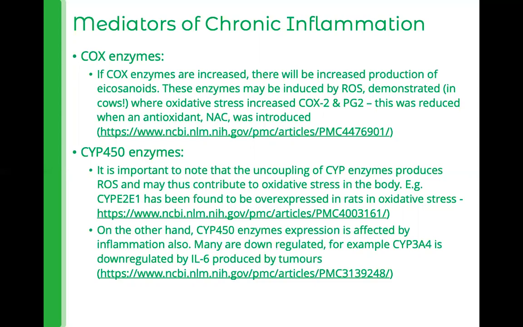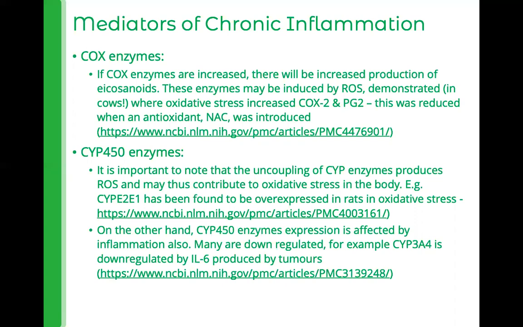I've given you the paper, with one particular enzyme in rats, CYP2E1. Sorry, I put in an extra E. It was found to be overexpressed in rats in oxidative stress. So when the rats were put into oxidative stress, they started overexpressing this particular CYP enzyme. But that CYP enzyme could then create reactive oxygen species when it's being degraded.